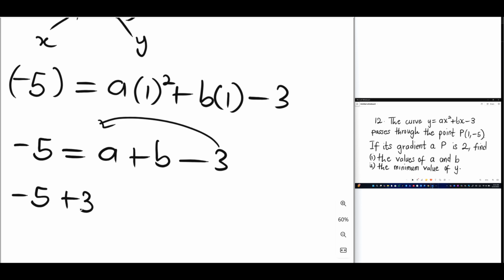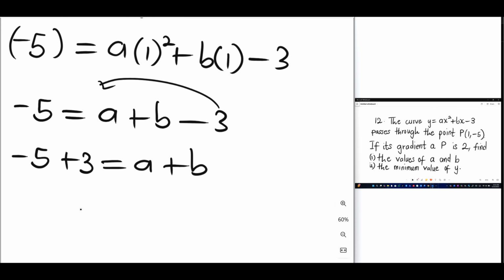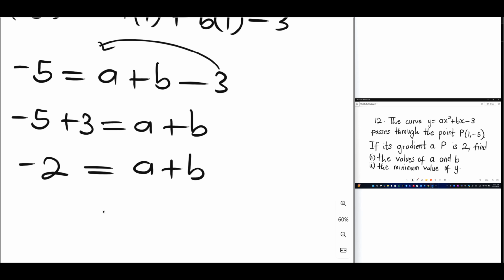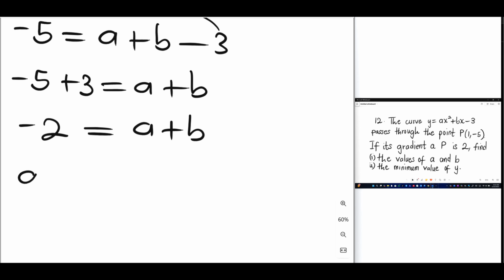It is -3, so it becomes +3, all equal to a plus b. We are going to get -2 equals a plus b. So our first equation becomes a plus b equals -2, which is our equation 1.